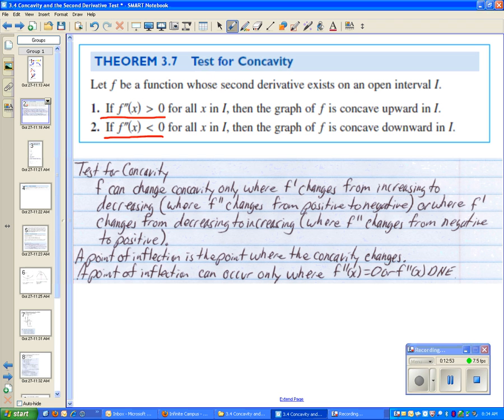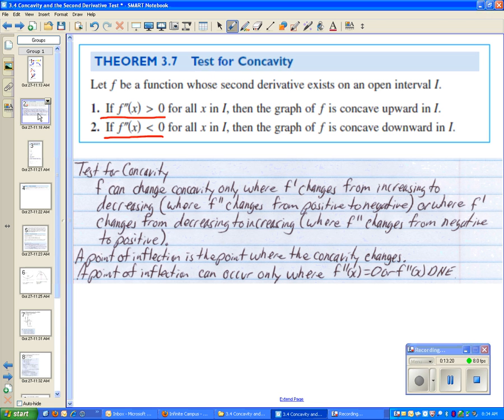It works either way. Now, the way I've written it out, which I hope makes sense, let's see if it does. F can change concavity only where F prime changes from increasing to decreasing, or vice versa, or where F prime changes from decreasing to increasing. So, if F prime changes from increasing to decreasing, that's where F double prime changes from positive to negative, right?